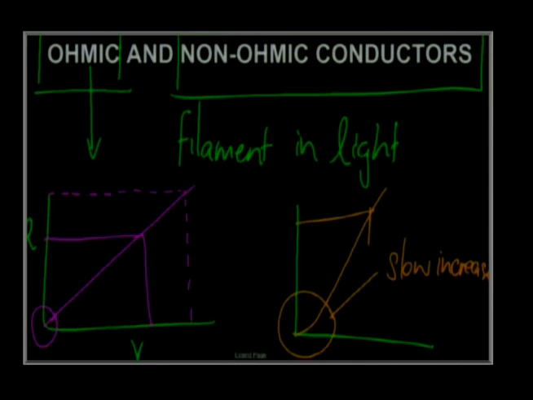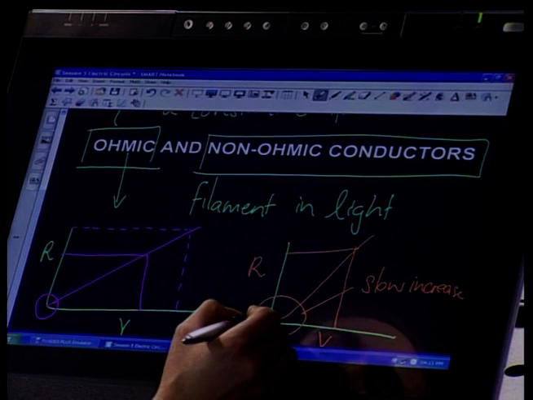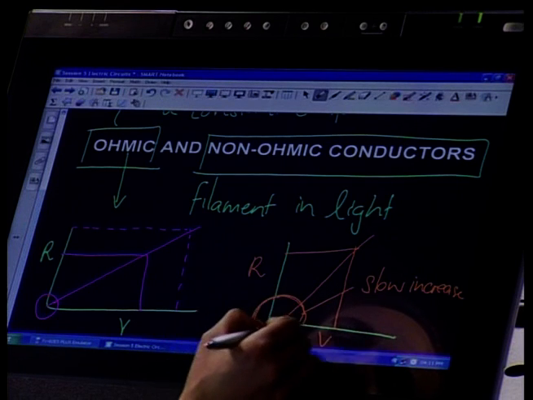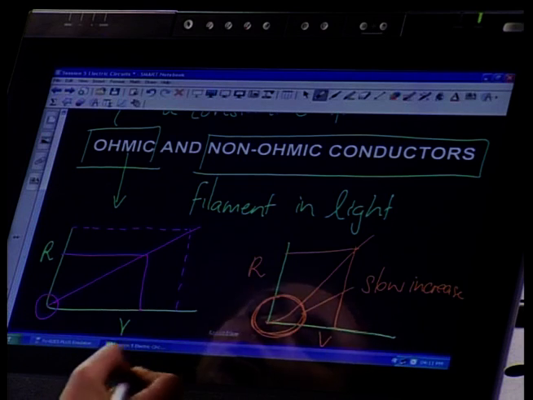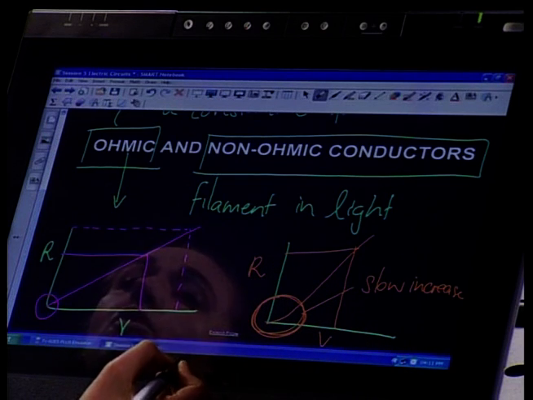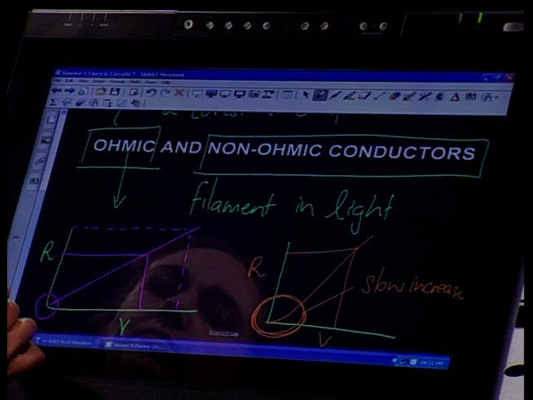Only much later on do we find that the relationship between the resistance and the potential difference is a direct relationship, whereby the increase of the one will lead to an increased consumption of the other. All right, so that is the small difference between the two graphs when we deal with ohmic and non-ohmic resistors.